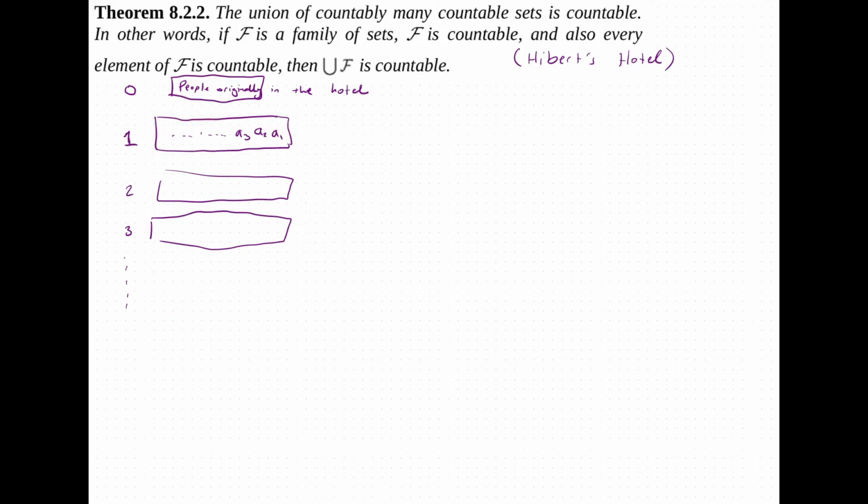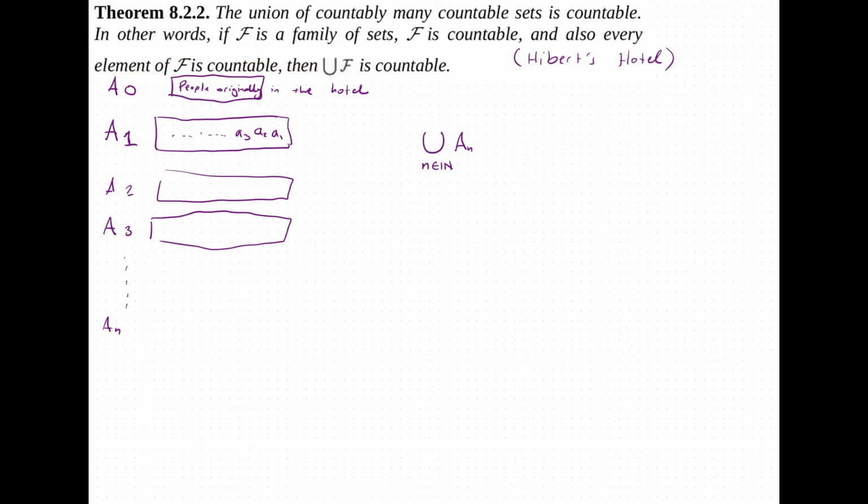And so if we label the people inside the hotel to be in the set A sub 0, the people in the first bus to be in A sub 1, the people in the second bus to be in A sub 2, A sub 3, so on and so forth, the nth bus will be A sub n, then we're looking at the union of the A sub n's, but now we're taking this over all the natural numbers n, since we're starting at 0 for the people originally in the hotel.